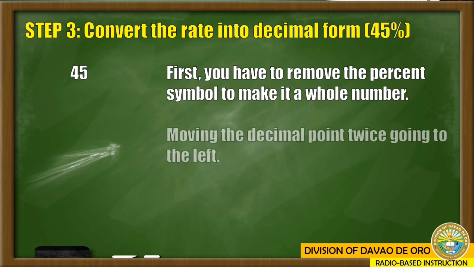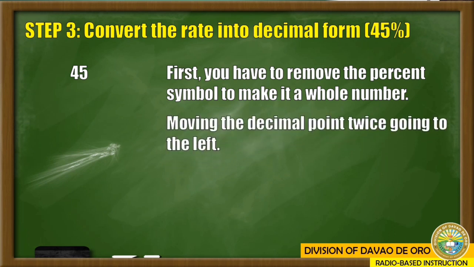Second step, moving the decimal point twice going to the left. So in this number 45, we have an imaginary decimal point after the number 5, and then we will move the decimal point twice going to the left. 1, 2.